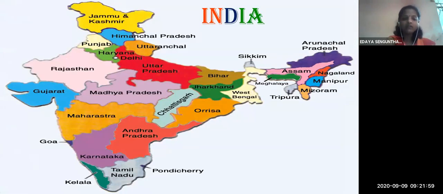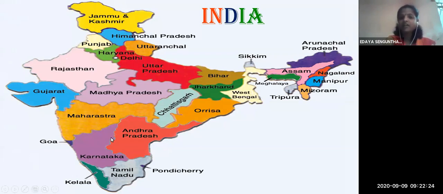Okay, now all can view this India map. Just raise your hands. Very good. Just now we have seen how Maharashtra state is divided into several districts, and groups of districts form a particular region, like the Konkan region and the Pune region. Similarly, India consists of many states, 28 states.